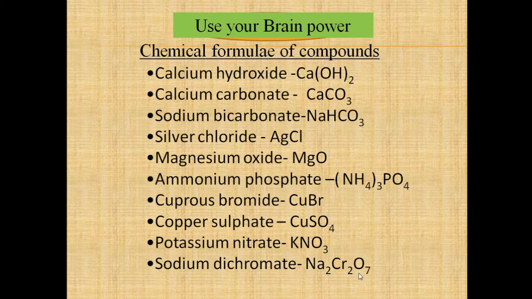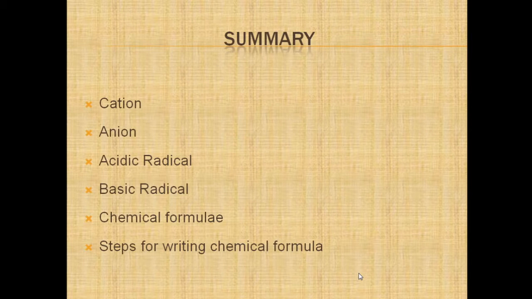Calcium hydroxide Ca(OH)2, calcium carbonate CaCO3, sodium bicarbonate NaHCO3, silver chloride AgCl, magnesium oxide MgO, ammonium phosphate (NH4)3PO4, cuprous bromide CuBr, copper sulfate CuSO4, potassium nitrate KNO3 and sodium dichromate Na2Cr2O7.